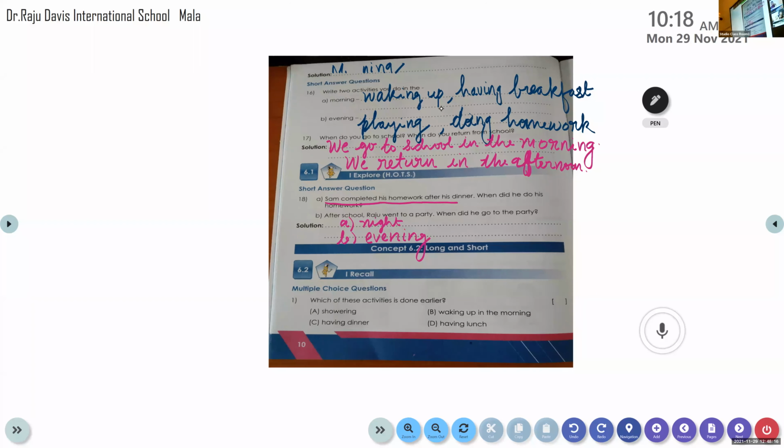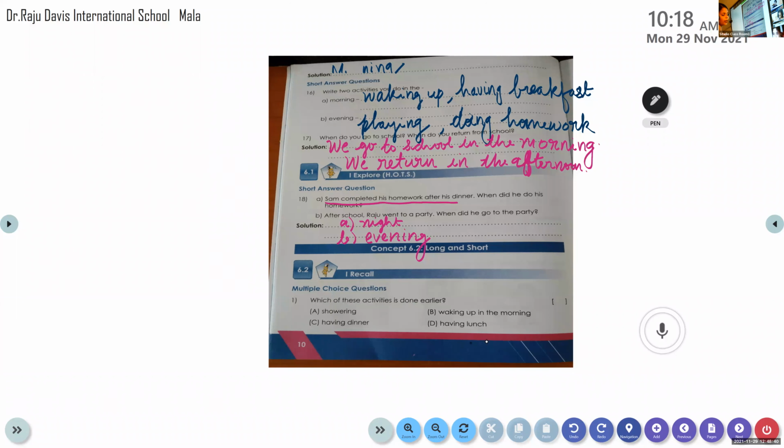Okay, so here we have multiple choice questions. Question number 1. Which of these activities is done earlier? See, 4 activities are given. You have to find out which one is earlier. A, showering, B, waking up in the morning, C, having dinner, D, having lunch.